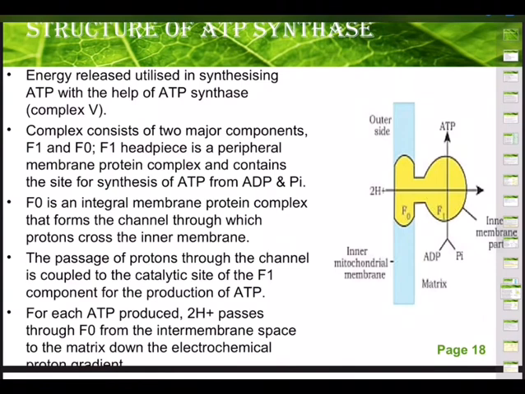Both constitute the proton motive force that tends to move H+ from the C side back to the M side of the membrane. Since the inner mitochondrial membrane is highly impermeable to H+ ions, this can only reach the M side through the proton channel.